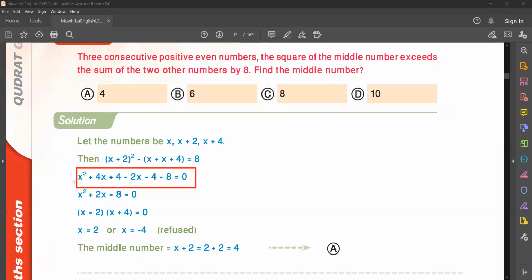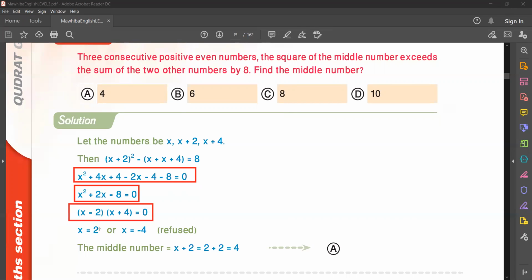Now we distribute, then x squared plus 2x minus 8. We can factor this question, x squared plus 2x minus 8, two brackets, x minus 2. You bring two numbers that when you multiply them, you get minus 8. So x minus 2 times x plus 4 equals 0.